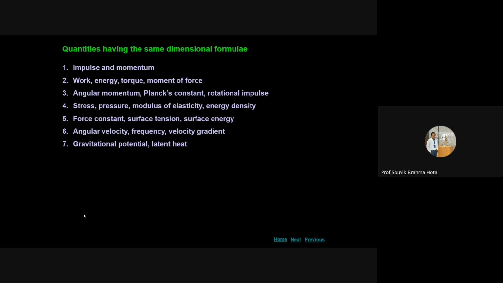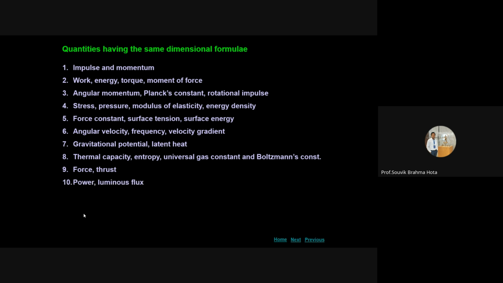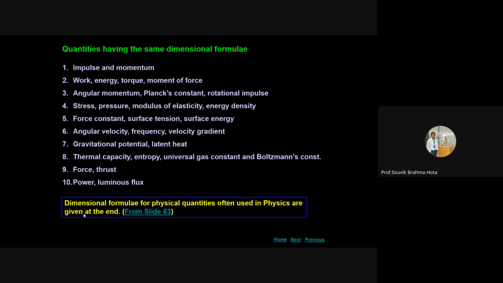Gravitational potential and latent heat both have the same dimensional formula. Thermal capacity, entropy, capital R the universal gas constant, and Boltzmann constant. Force and thrust have the same dimensional formula. Power and luminous flux: power we have already derived, ML square T to the minus 3, and that should be the same for luminous flux also.